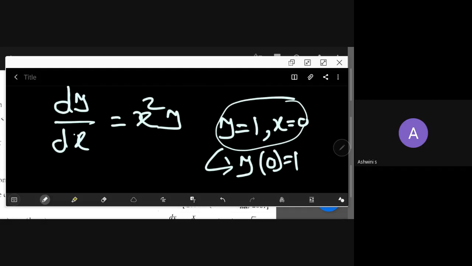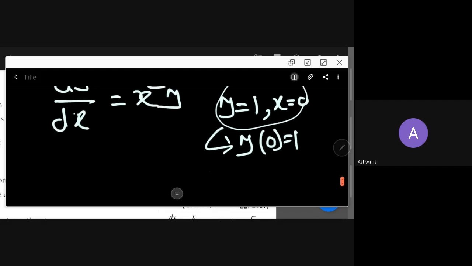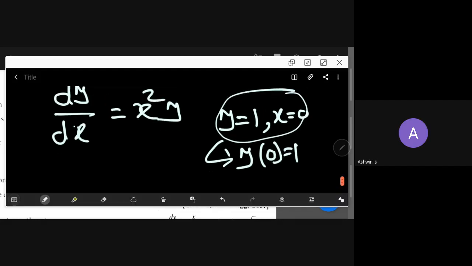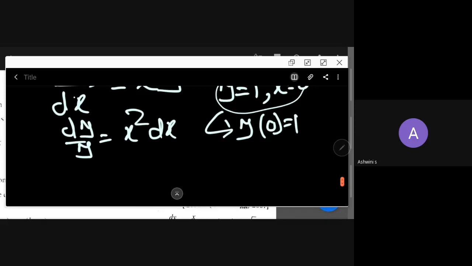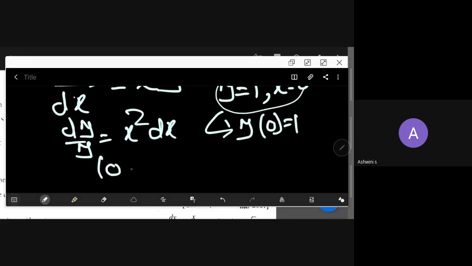Okay. So this is again a straightforward answer, a separable equation. So dy by y is x square dx. So we have log y is x cube by 3 plus constant.